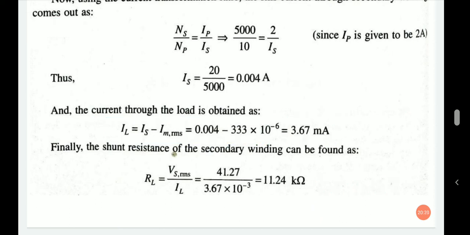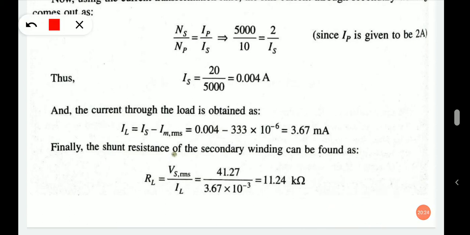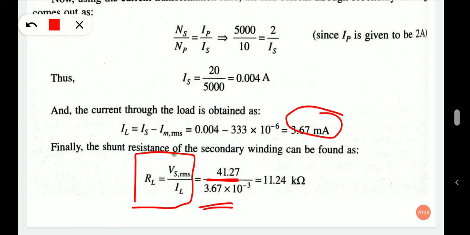Finally, the shunt resistance of the secondary winding we have to calculate, and it is calculated as RL equals Vs RMS upon IL. Vs RMS is 41.27 and IL, the current through the load we have calculated, is 3.67 milliampere. 10 raised to minus 3 is for milli.